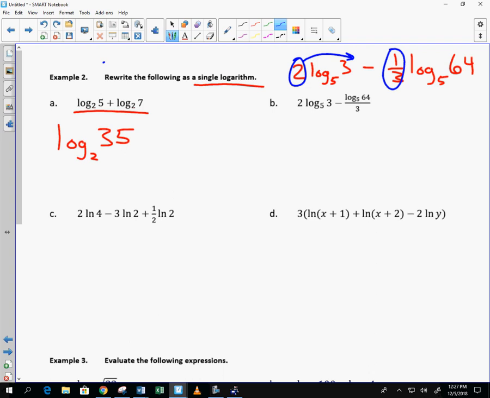Let's move them on up here to the exponents. So now you have the log base 5 of 3 squared minus the log base 5 of 64 to the 1/3.